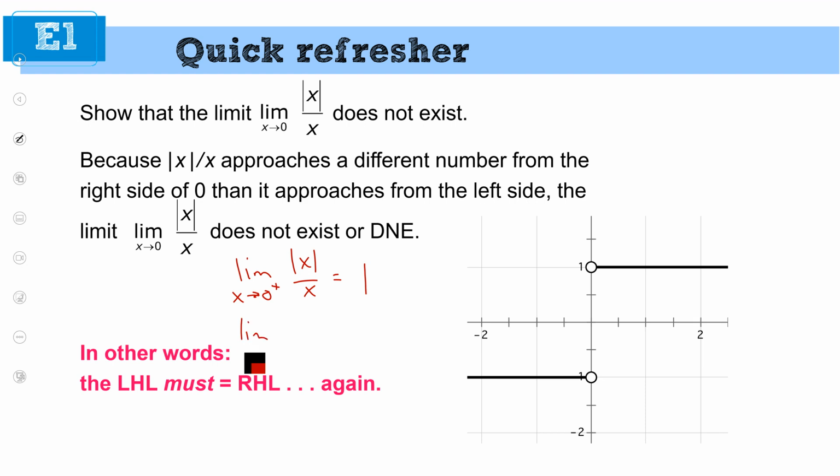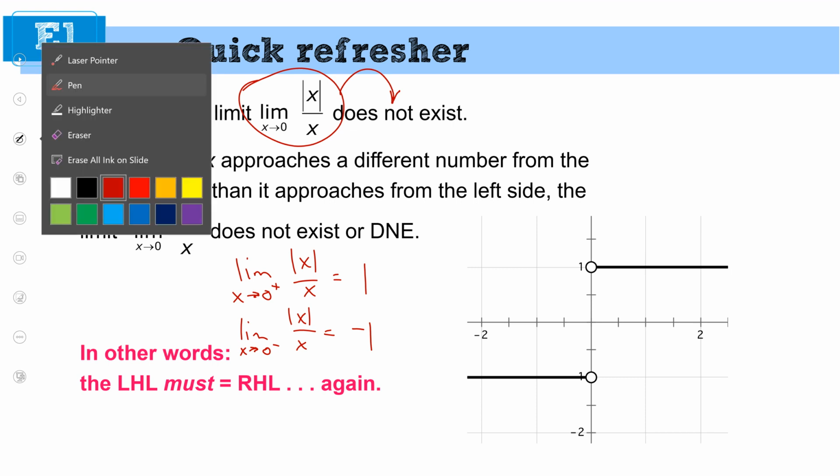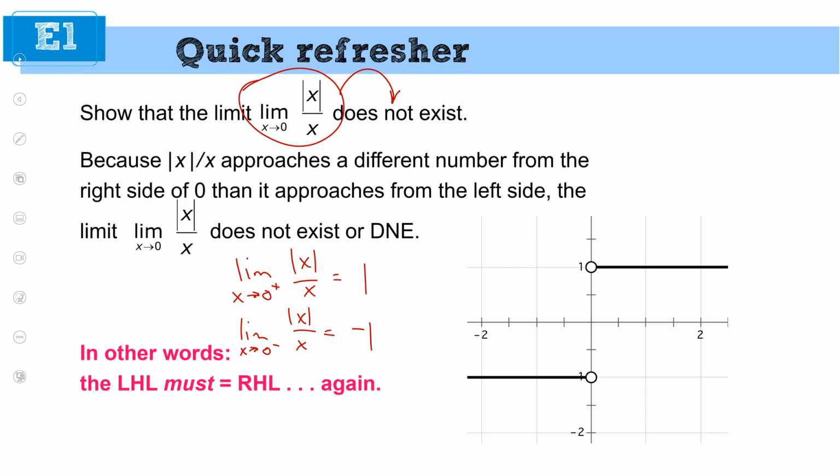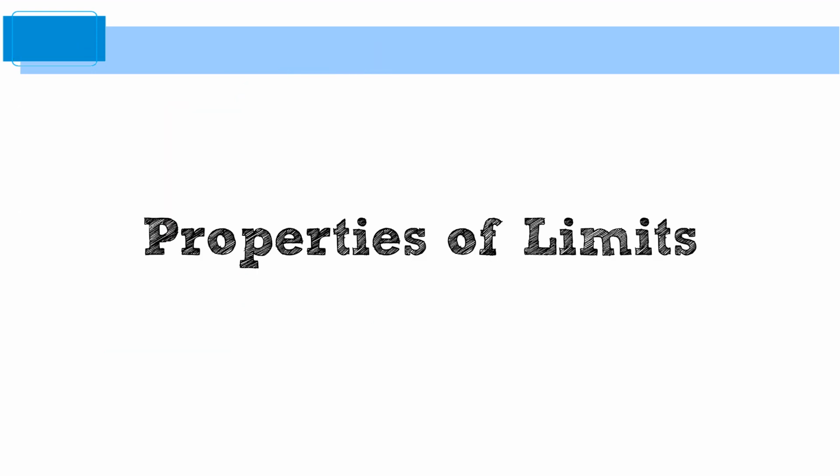Beautiful. What's the limit as x approaches 0 from the negative side? Negative 1. And last time I checked, negative 1 does not equal 1. So therefore, this limit does not exist. Make sense? Yes. Beautiful. Let's move on, shall we?